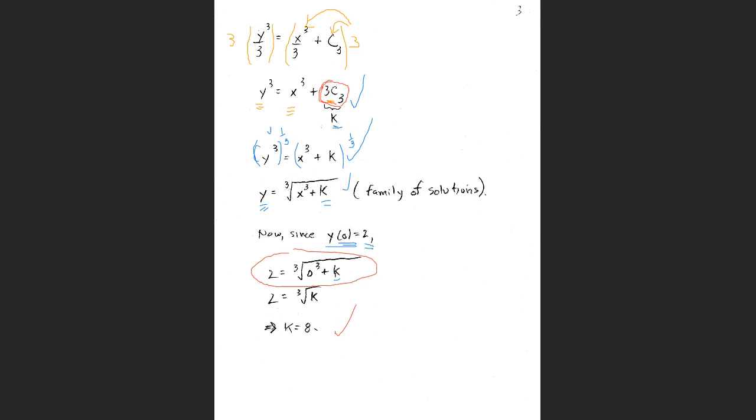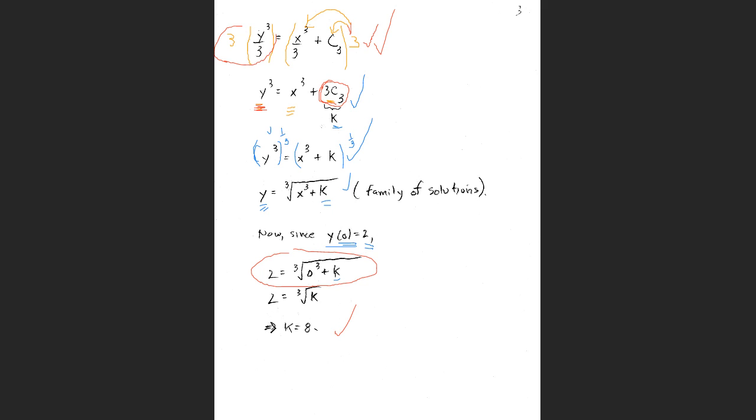Yeah. Well, what I'm doing is I want to get y cubed by itself. On this step, why am I multiplying through by 3 on both sides of the equation? It's because I want to get y cubed alone so I can solve for y. By multiplying through by 3, 3 times y cubed over 3 just gives me y cubed.